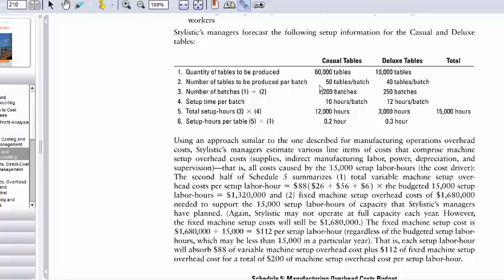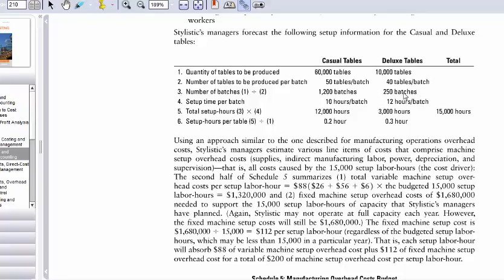If we've got 1,200 batches and 10 hours per batch, we've got 12,000 setup hours needed for the casual tables. For the deluxe tables, 40 tables in a batch, 10,000 tables divided by 40 per batch means we're only going to run 250 batches.